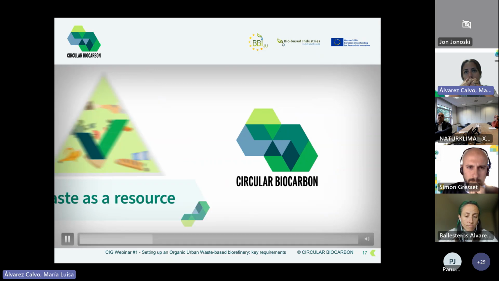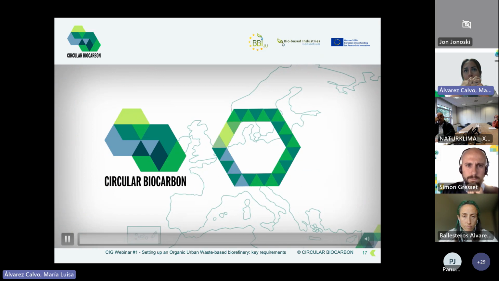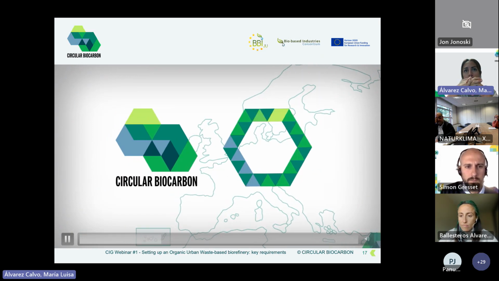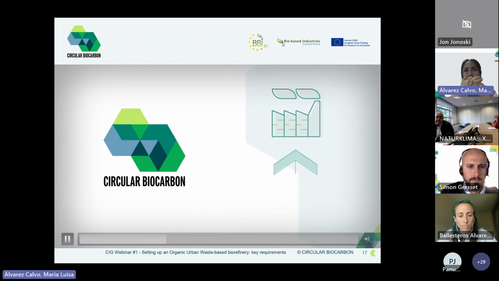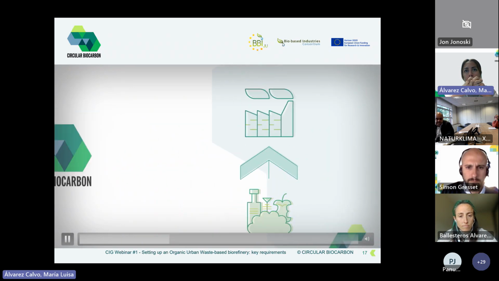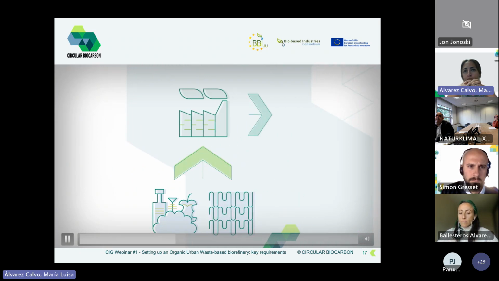We're working towards transition in Europe from a linear to a circular economy. Circular Biocarbon is a first-of-a-kind flagship biorefinery designed to valorize the organic fraction of municipal solid waste and sewage sludge generated in a city into value-added products.